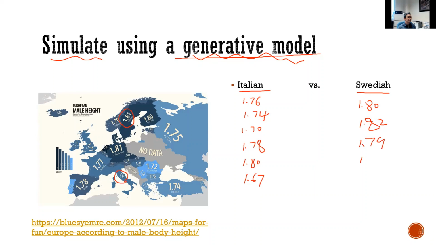You can see the difference. I'm writing these random numbers, but not completely random. They are around the parameter space defined by the generative model in my mind. So on average, I will assume the average of this is 1.81 meters, and here it is 1.76 meters.